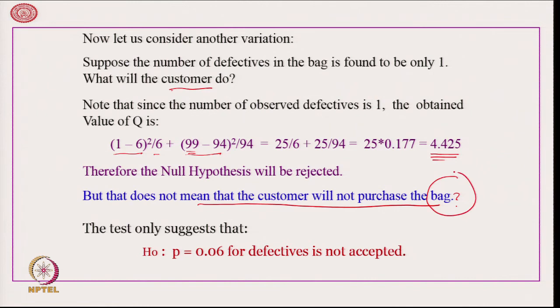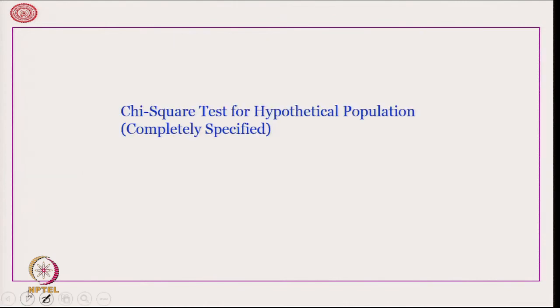It means that we are rejecting that p is equal to 0.06, that is, the proportion of defectives is not accepted, because the test suggests that the proportion of defectives is quite different from 6%. Now, we can use the chi-square test in a slightly different way as follows.